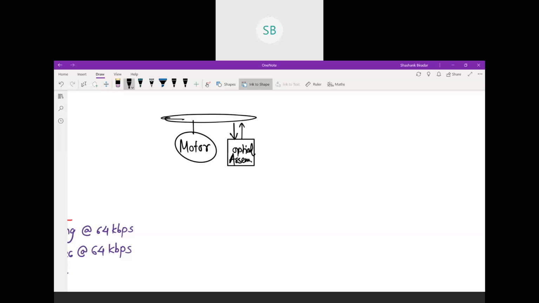And for the rotation of the disk, as well as the adjustment of the mirror, lenses, and so on, you have the servo system.